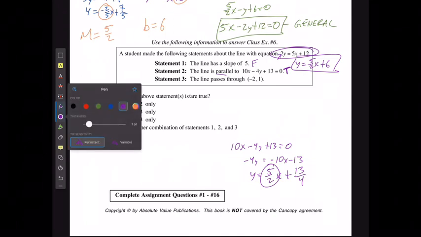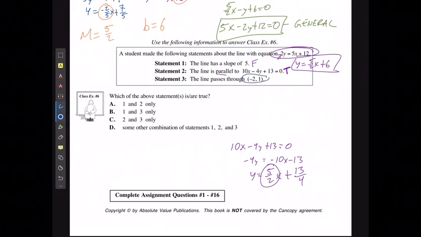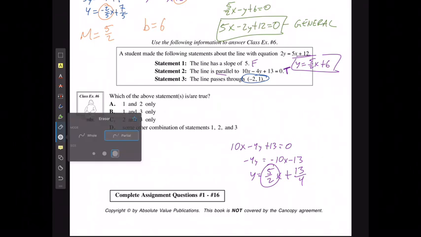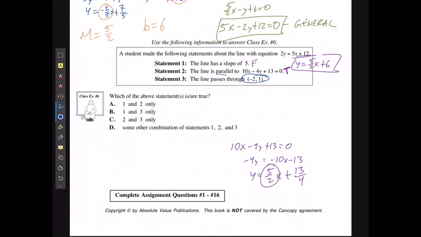And for the last part, when it says that it passes through the point of -2 and 1, I'm going to take my original equation and replace the x with 1 and the y with -2 and see if that equation balances out.